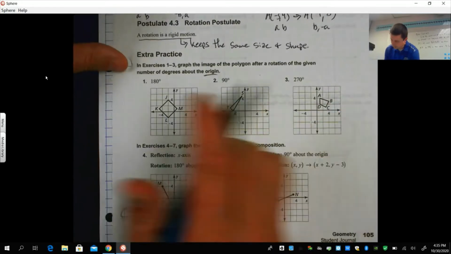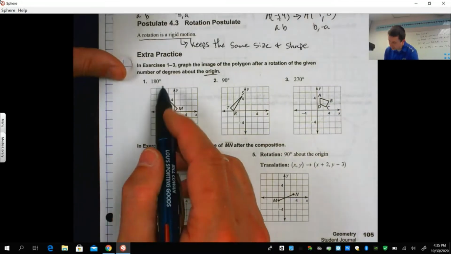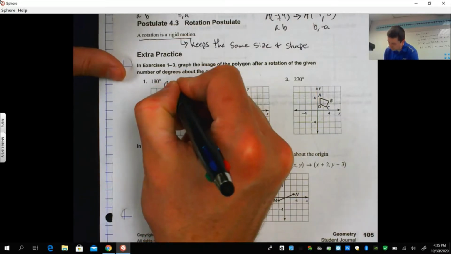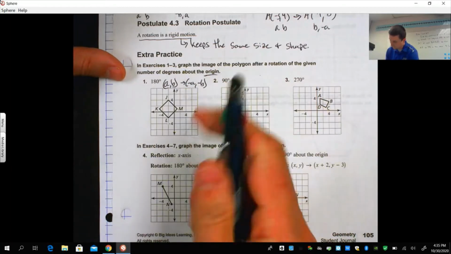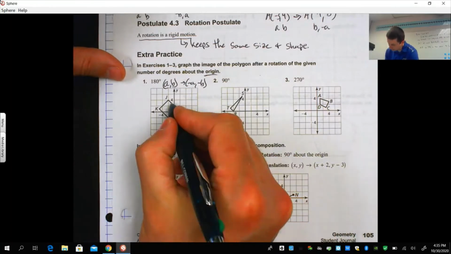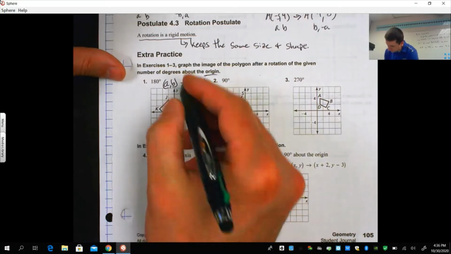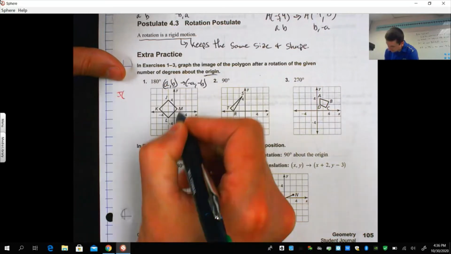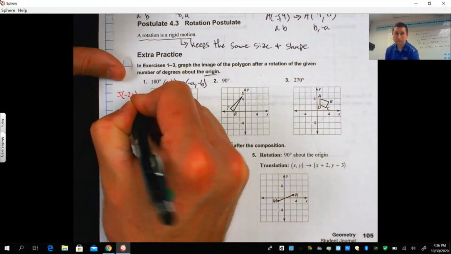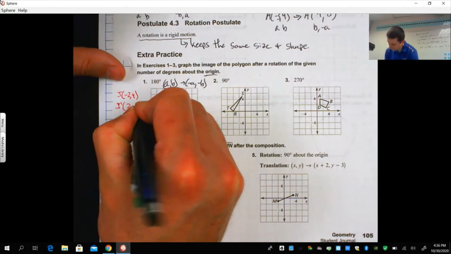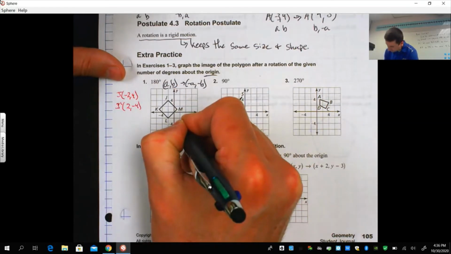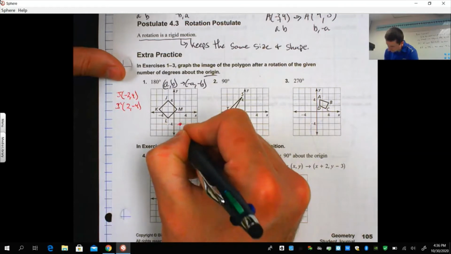Okay, so 180, so we're using the rule A, B goes to the opposite of A, opposite of B. Okay, so if J, we're counting by 2's here, if J is at negative 2, 4, J prime would be at 2, negative 4. J prime.